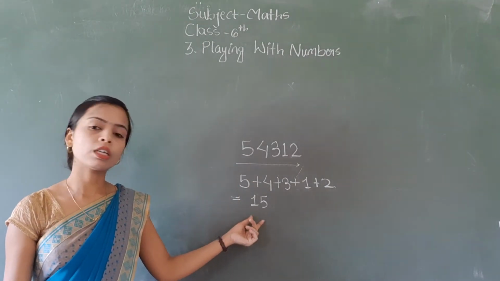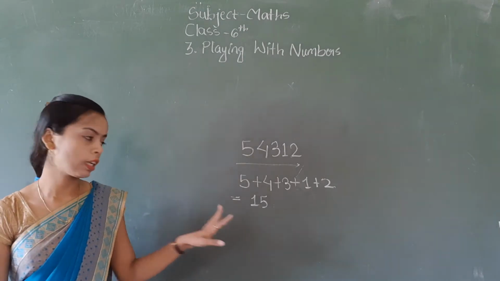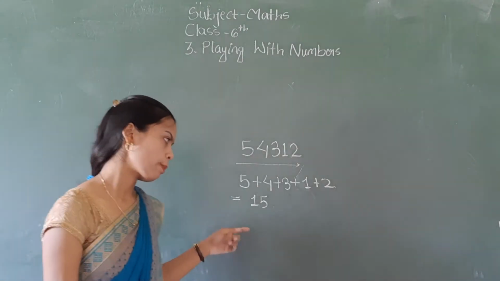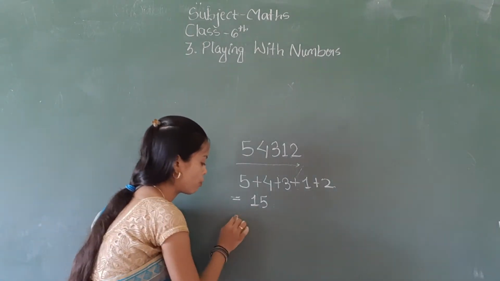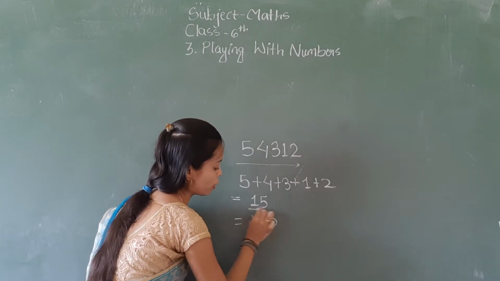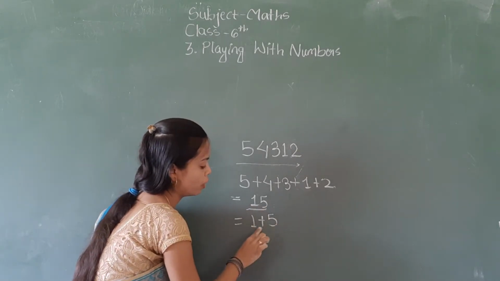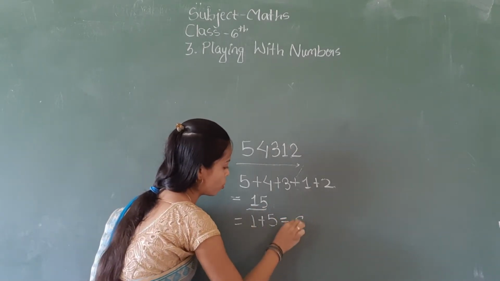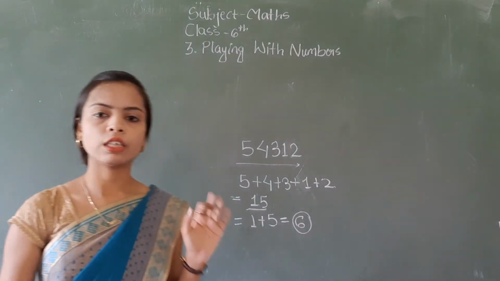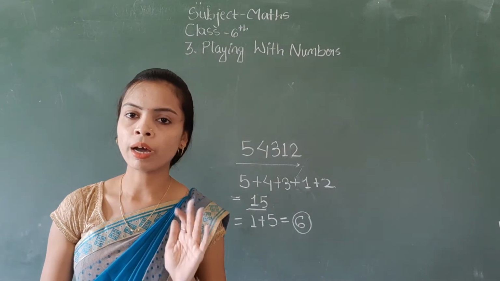If the number is not in the table of 3 and it is a 2-digit number, then add its digits to get a single-digit number. Here, after getting 15, 1 plus 5 is 6, and 6 comes in the table of 3. So we write that the given number is divisible by 3.